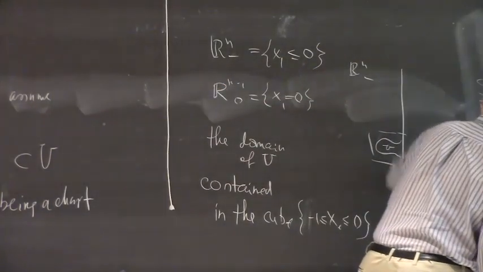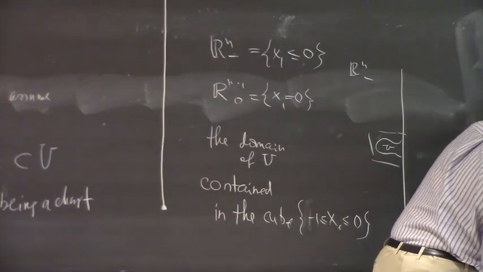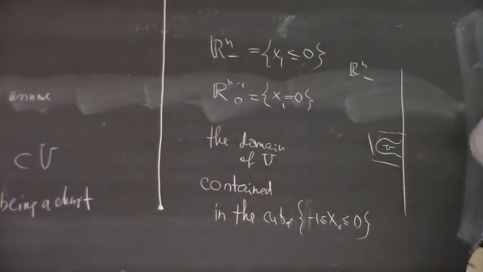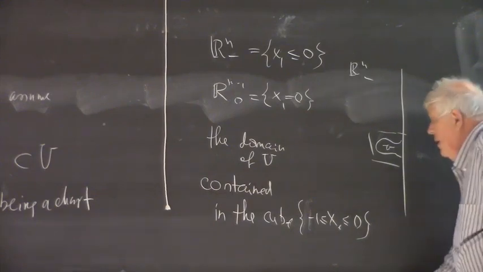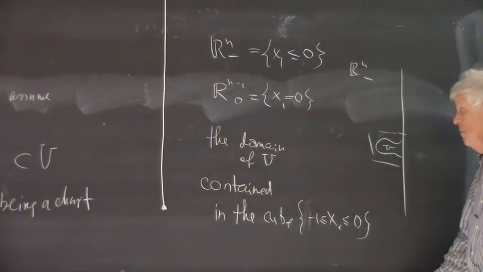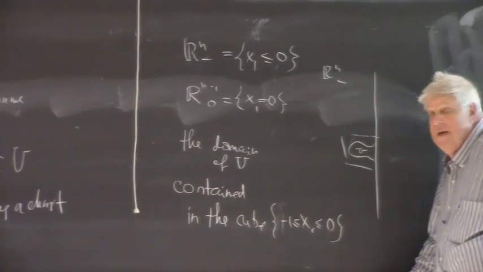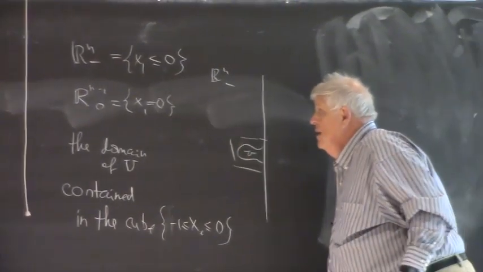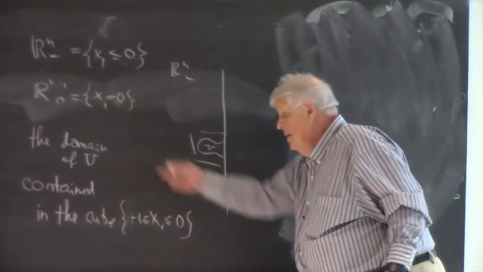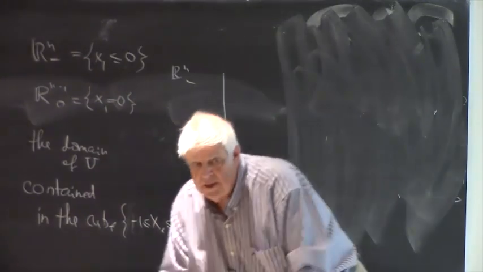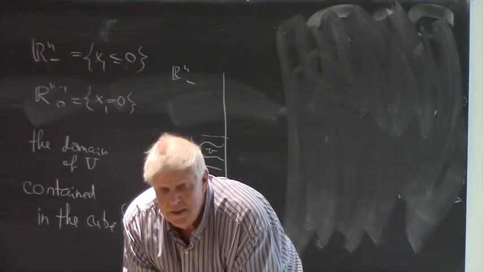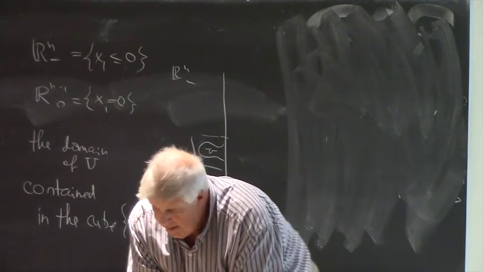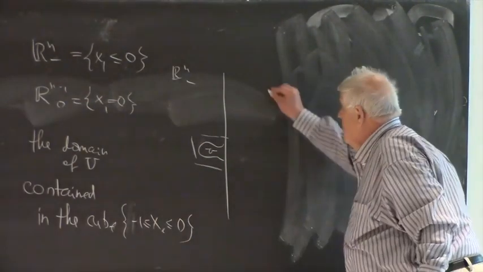Then the form. So at this moment I can forget about M. And my form is an n-1 form in the space R^n minus, with the support contained in U, in this cube. Now next thing, my form alpha.